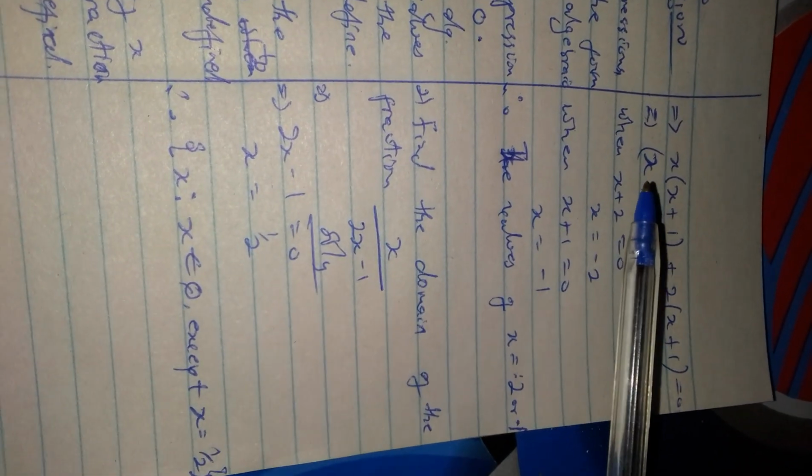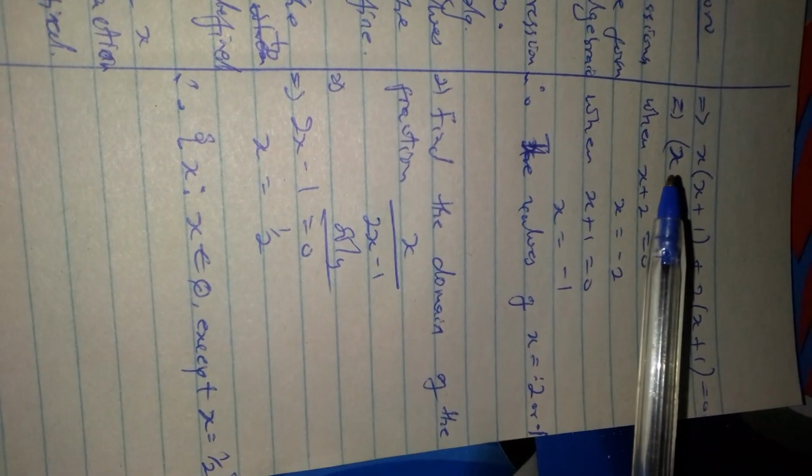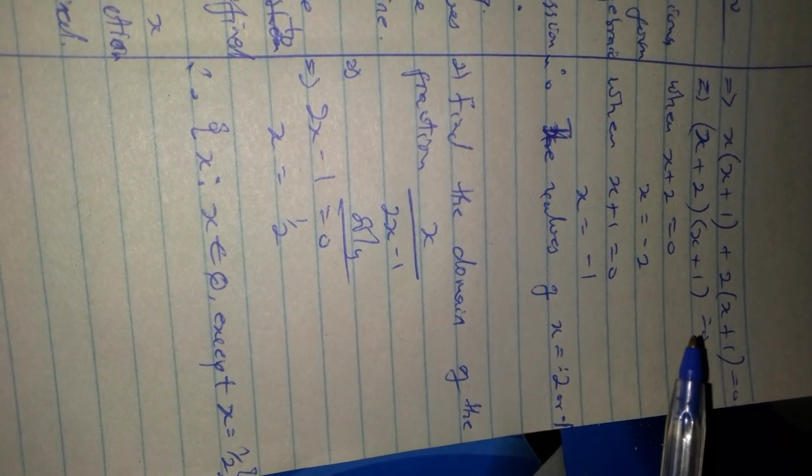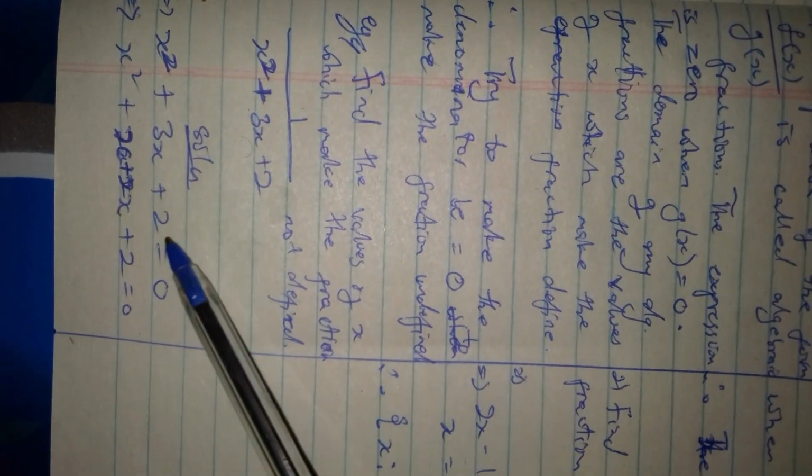Simply factorize. So when we are to factorize, we factor x out from x squared plus x, then we get x times x plus 1. From here it is x squared, here is x, so when you factor x out, it will leave x plus 1, and the coefficient here is 1.